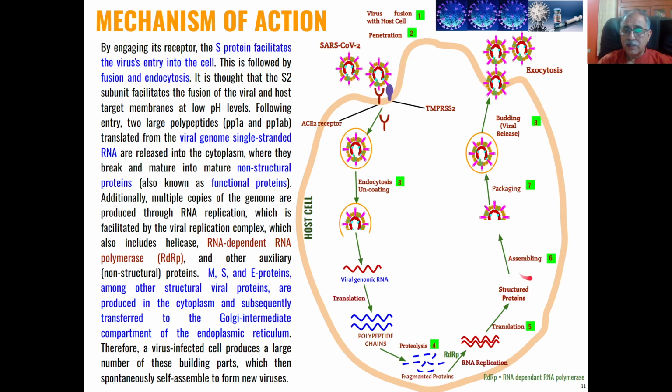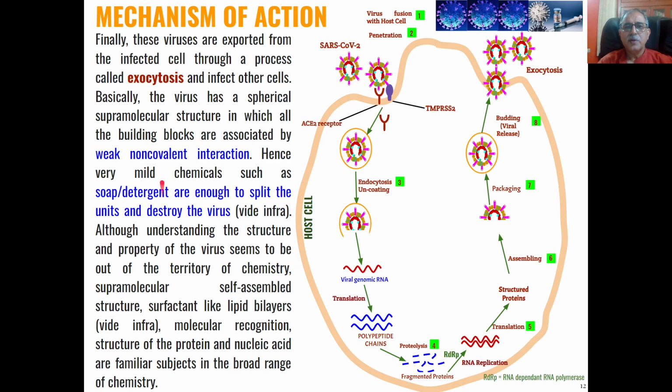Then this will undergo self assembly to form new viruses. And finally, these new viruses which have been formed are exported from the infected cell through a process called exocytosis.